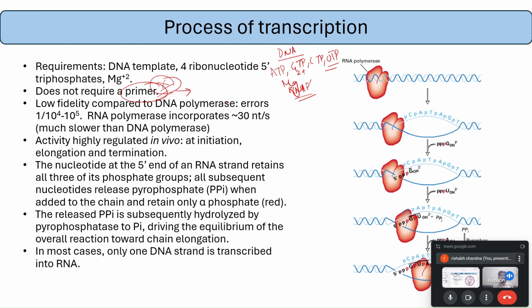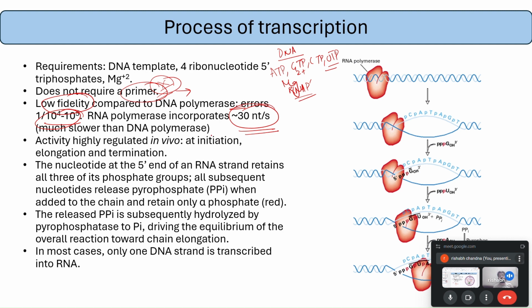required, and the RNA polymerase has the ability to start the process of transcription without any previous nucleic acid molecule present there. The RNA polymerase has low fidelity as compared to DNA polymerase, and it has an error rate of about 1 in 10 to the power 4 to 10 to the power 5 nucleotides that are being transcribed, and it transcribes around 30 nucleotides per second, that is very much less as compared to the DNA polymerase.